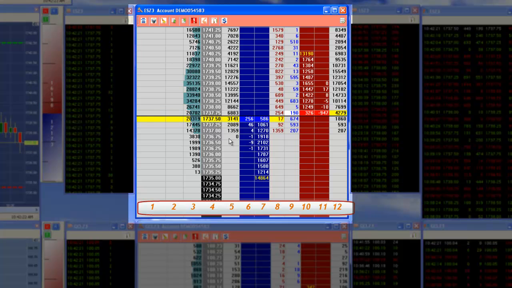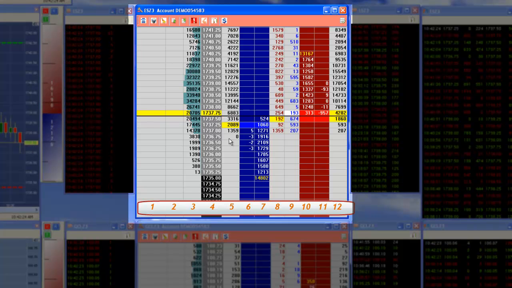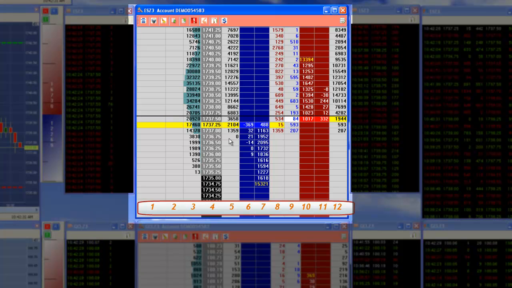Now the next two columns, columns 6 and 7, these are the bid side. And the columns in red, which are 10 and 11, those are the offer side. And the inside colored columns, that's the actual depth of market.